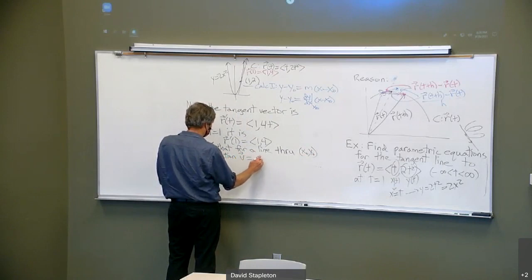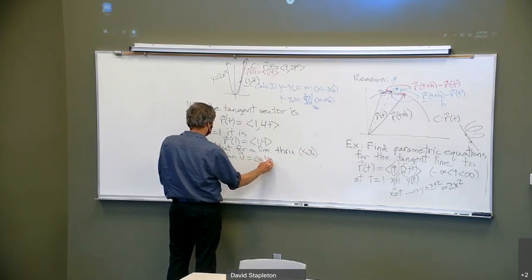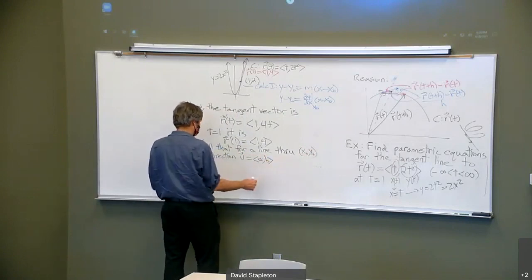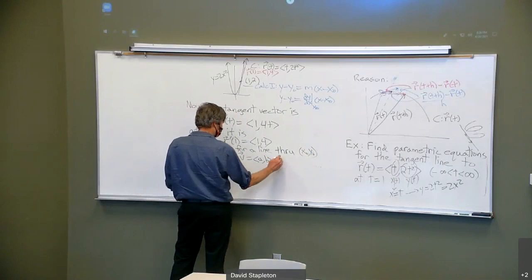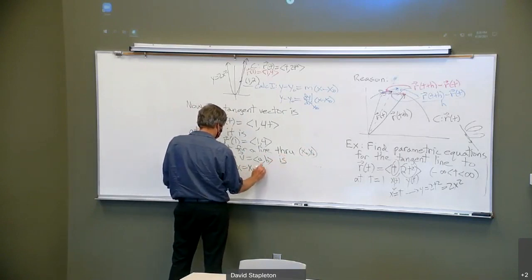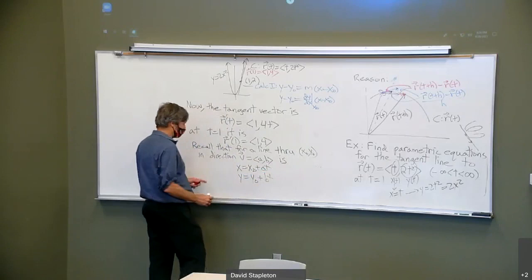v is equal to AB. Had this before. If you go through a point with this direction, what's the line that does that? Oh, it's x equals x0 plus at, y equals y0 plus bt. That's how we did it before. Those are the parametric equations.